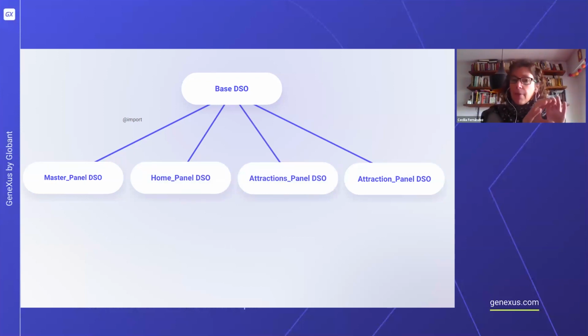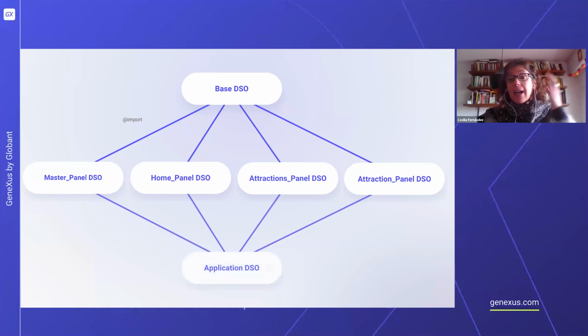This will allow us to create modules. Basically, in the base DSO, we have something that is shared by all of them, and then all the specific aspects of each object in each of the others. And then at the platform level, we have the DSO that imports all these others. So the DSO on the platform will be this one, that will be importing all this.